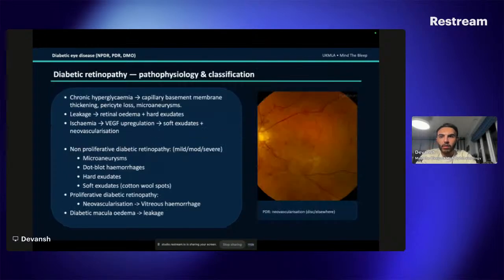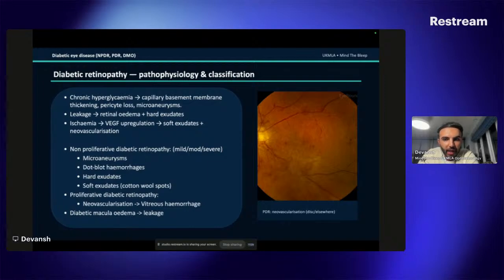So, coming on to diabetic retinopathy more generally, why does this actually happen? It's due to chronic hyperglycemia causing the basement membranes of our capillaries to thicken, and this leads to the formation of various microaneurysms. In addition to this, we can get leakage happening from our vessels, which contributes to the edema we had discussed, and the leakage also leads to the formation of hard exudates.